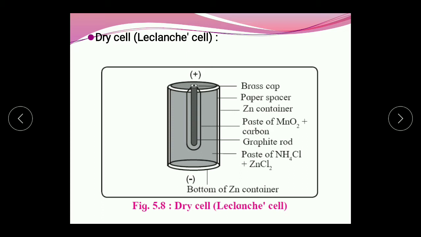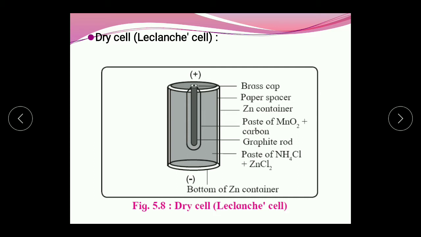The electrolyte is used in the form of a paste. It provides movement of electrons and it also cannot leak out as the container is sealed. Understood? So, this is the construction of the cell.